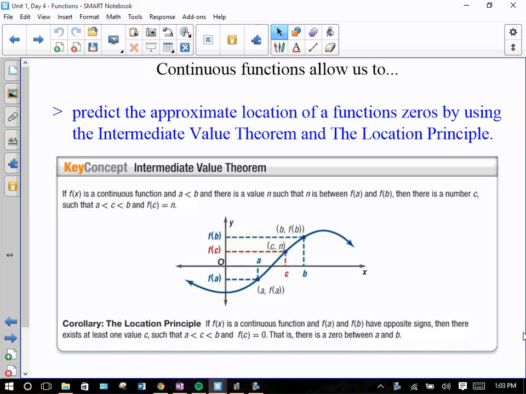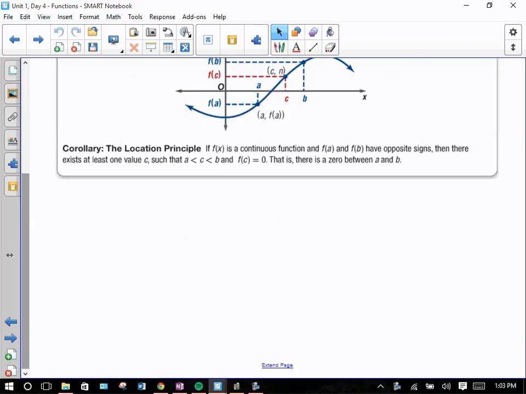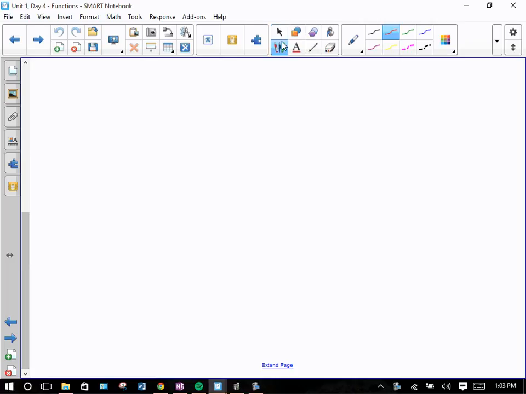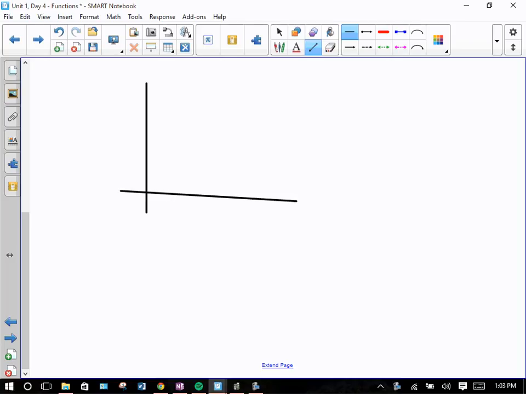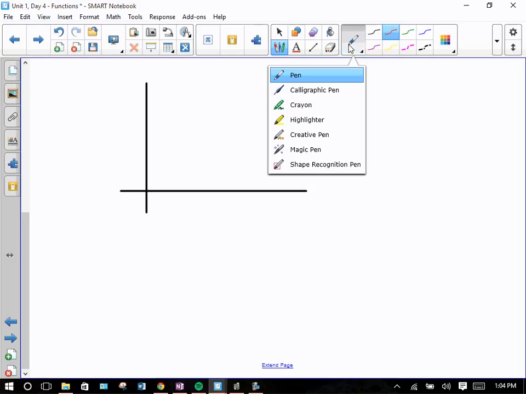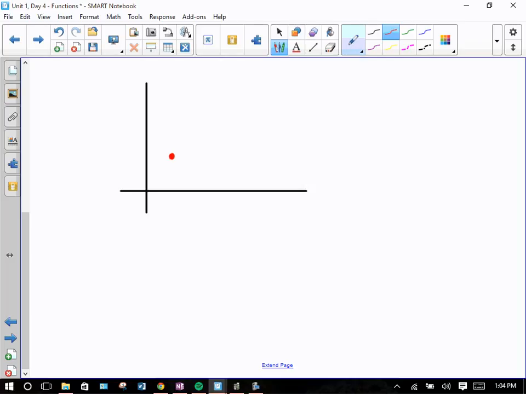And again, remember the intermediate value theorem says that if you have a graph and you have a function on that graph, and it looks something like this, say, we have point A and B, and let's say this is 2, and this is 9.